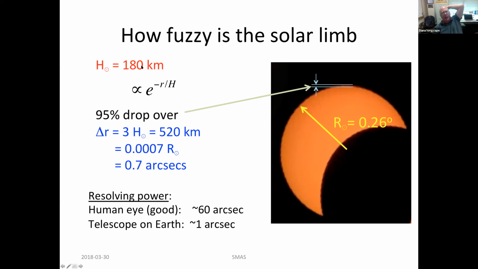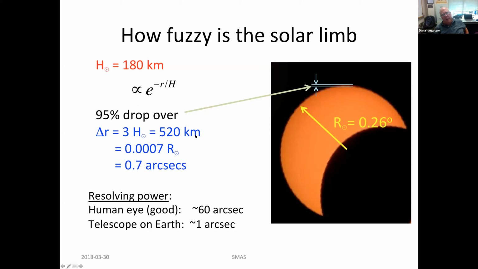We have this 180 kilometer scale height, which basically means the density of the solar atmosphere at the photosphere is falling off by 1/e every 180 kilometers. So if you can imagine having to go 3 of these, 500 kilometers, before it has fallen by 95%, that's basically going from full to almost nothing.